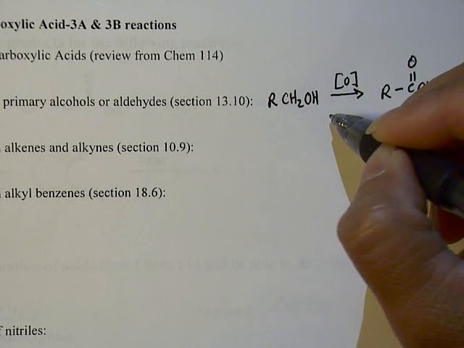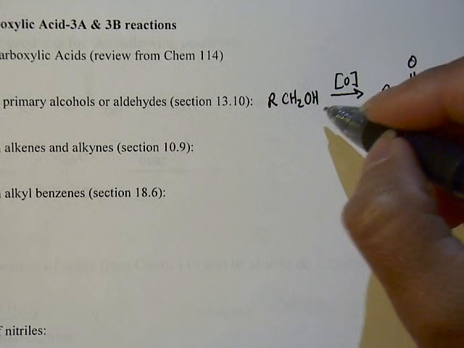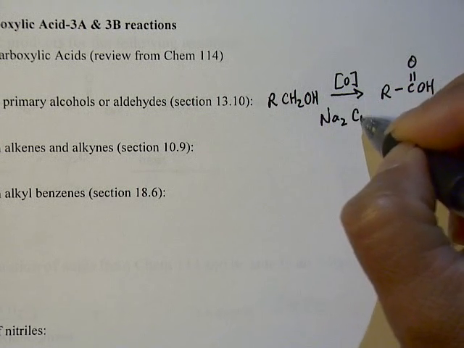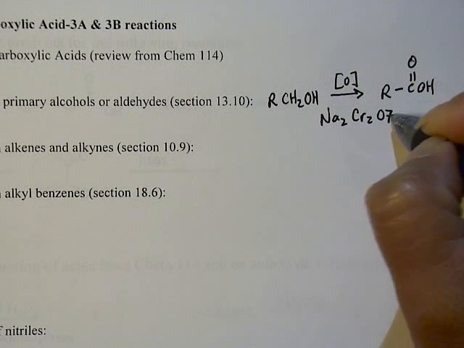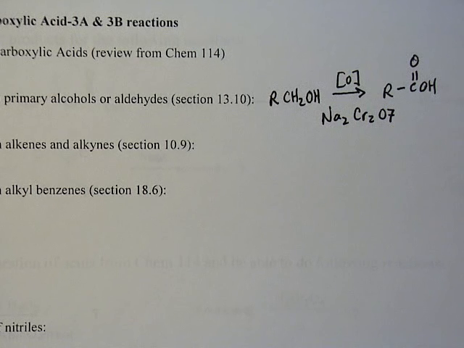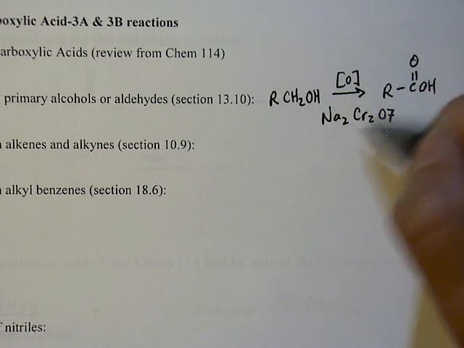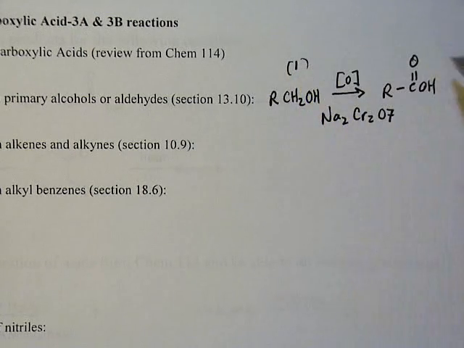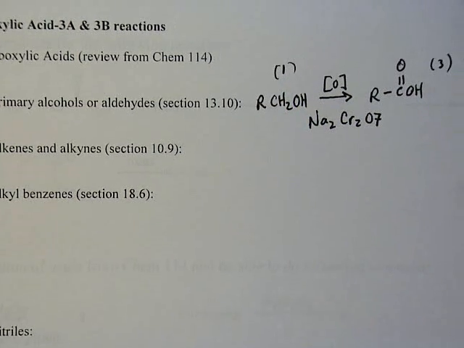For example, sodium chromate was one of them that you learned, and that's considered to be a strong oxidizing agent. Or you might have used some other strong oxidizing agent to go from oxidation level 1 to oxidation level 3.